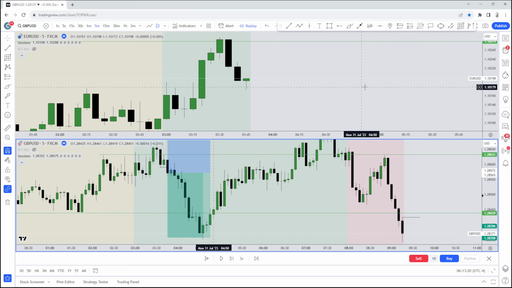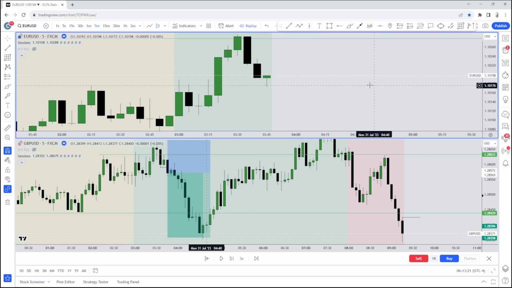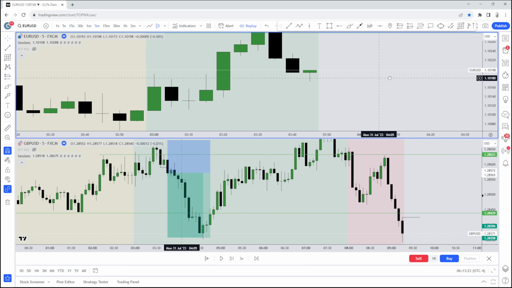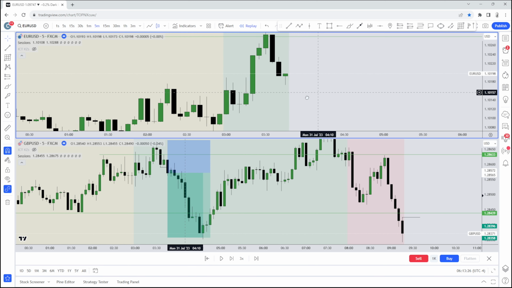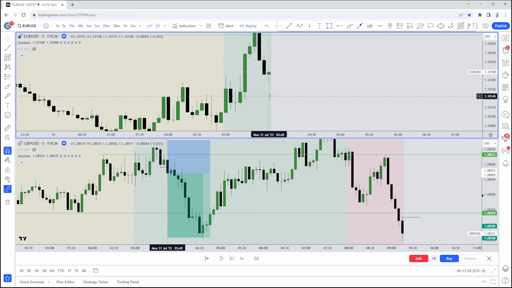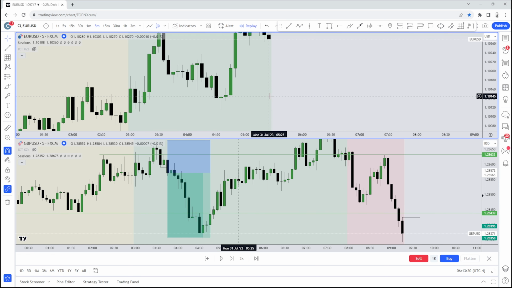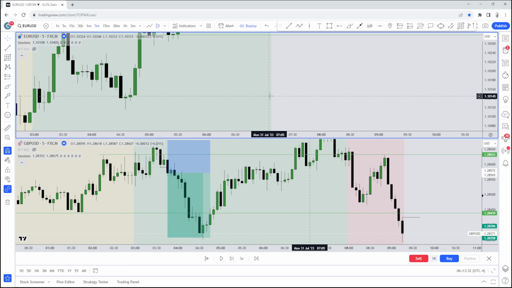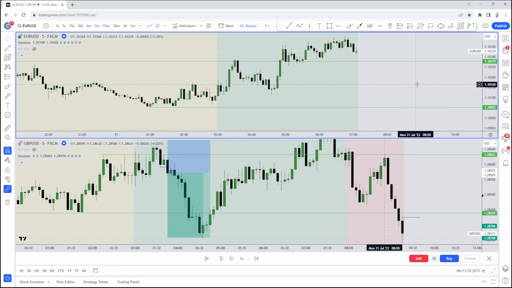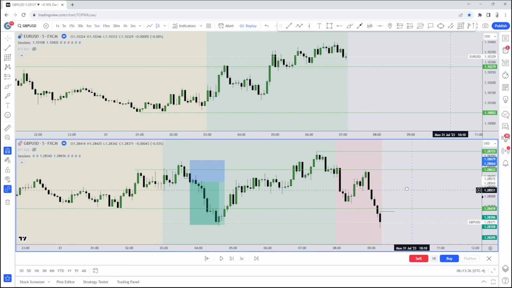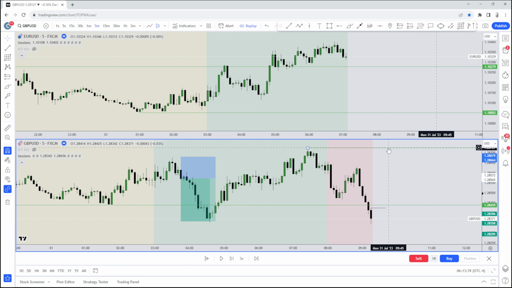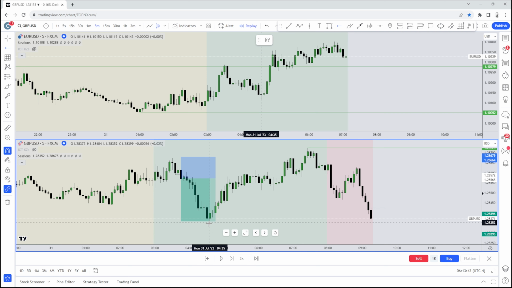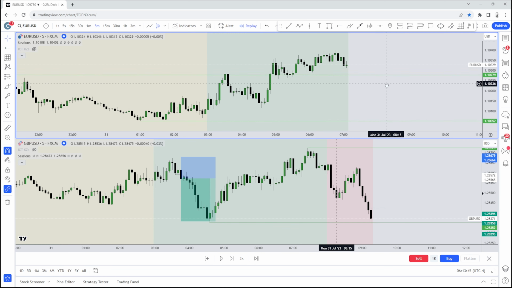So now if we keep moving forward for the next session, I think the next session was a loss, but what I'm gonna be doing, look at that, give me a moment, I'm just gonna show you the next session as well. And let's just go a little bit like that. And now we will be identifying the new highs and the new lows, and we're gonna be waiting for them to be broken.